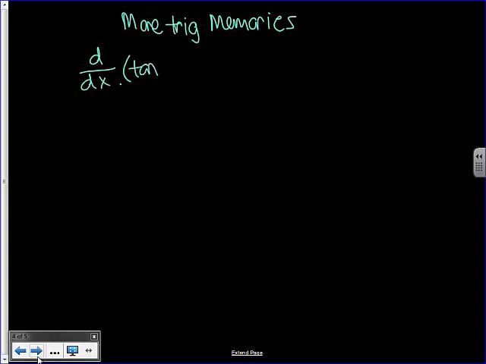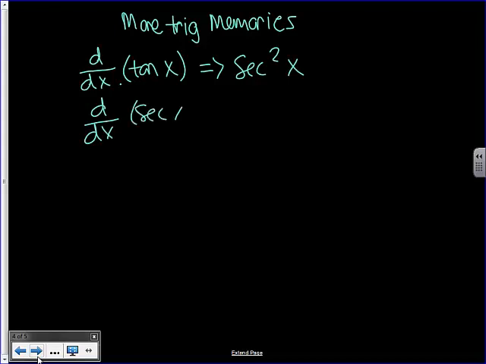Okay, moving on. All right, these are more trig memories. Add these to your memory list. d dx of tan x is secant squared x. d dx of secant x is secant x tan x.